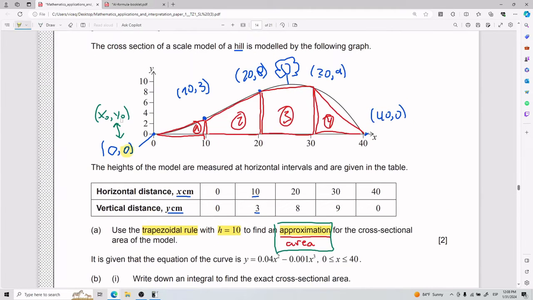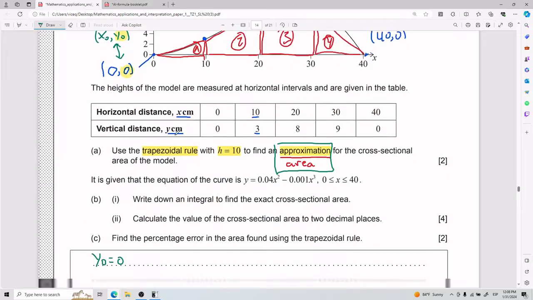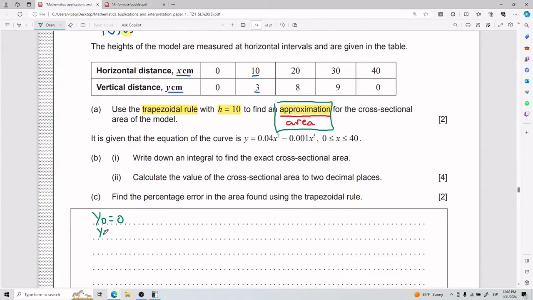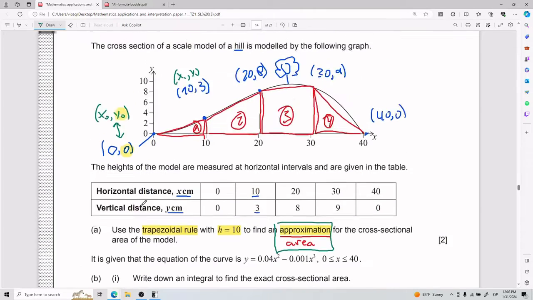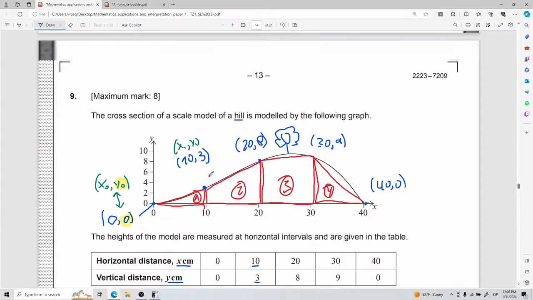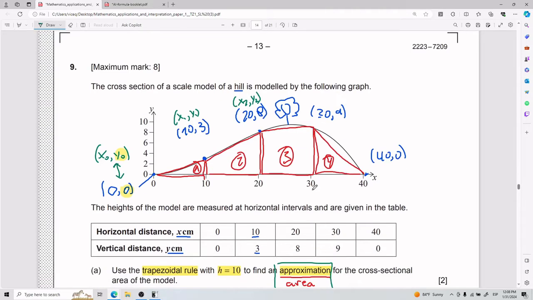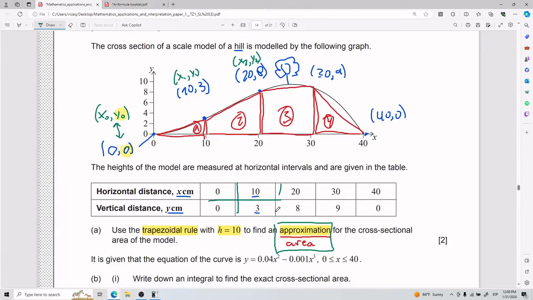This point with this one, right? The second point is x1, y1, so my y1 is 3. My y2: I have x2, y2, the next point that they give me. How did I find these points? It's the table that they gave me here.